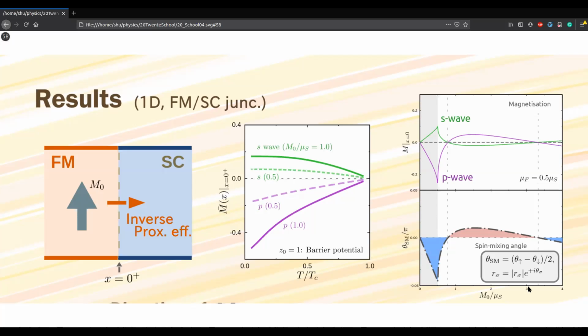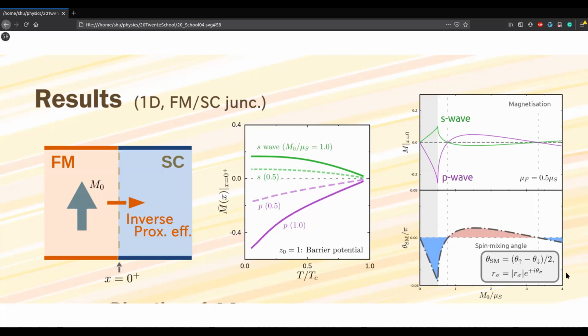In the FS junction, the reflection coefficient depends on the injected spin. So the reflection coefficient has an additional phase depending on the spin.